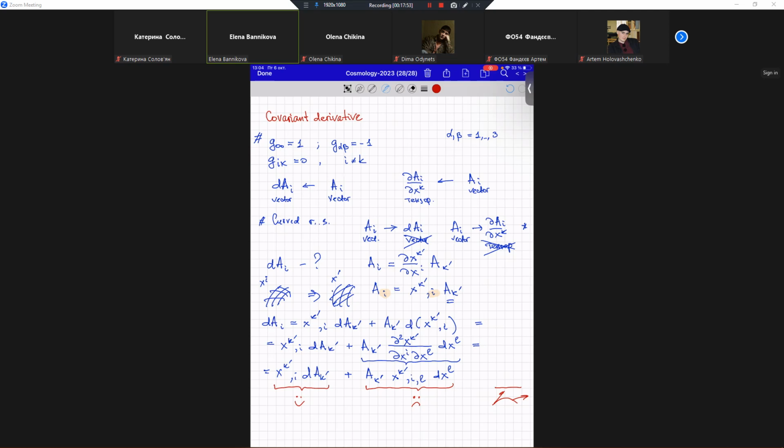For example, if there were a linear dependence of the components of the vector, we understand that this summand can disappear, because linear means the first derivative is constant, and the second is zero.